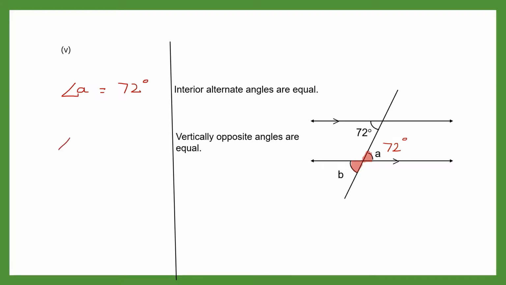That means angle B is equal to angle A. So let's find out angle B, how much it is. Angle A is 72 degrees. Since A and B are equal, angle B is also 72. So we found the answer. Angle A is 72 degrees and angle B is also 72 degrees.